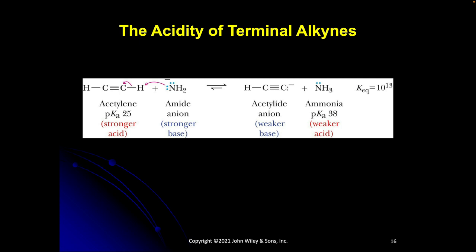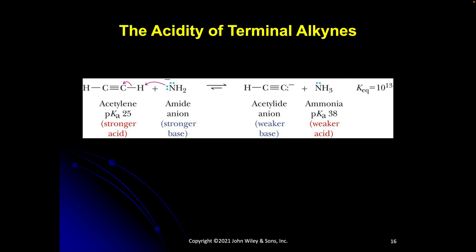So last time we finished off talking about alkyne acidity for the terminal alkyne. And we've learned that this hydrogen is unusually acidic for a hydrocarbon because of which effect? The hybridization effect, that's right.